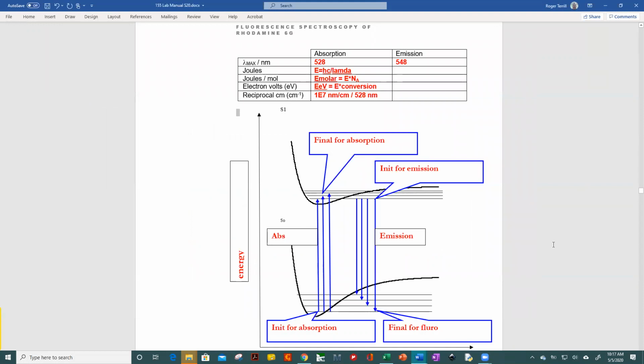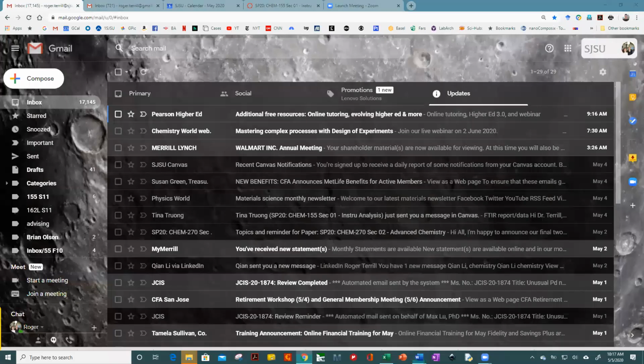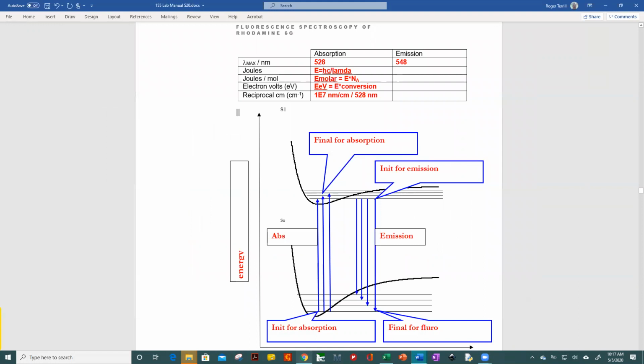So let's see. I want to find the conversion factor. I found a number, but I'm not sure if it's the correct conversion factor. It's 6.242 times 10 to the 18th. Does that sound right? Yeah, that's exactly right.